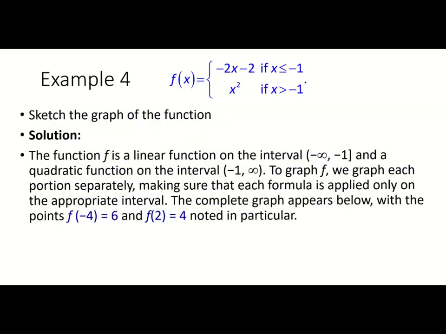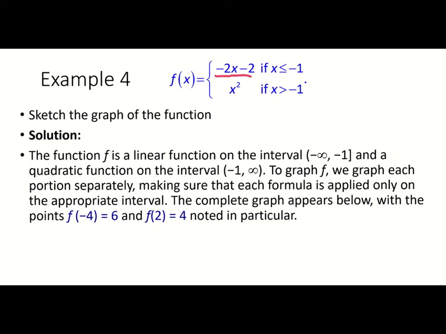Okay, so here we have an example of a piecewise function, and we have 2 equations. The first one is negative 2x minus 2. So again, this is a linear equation.